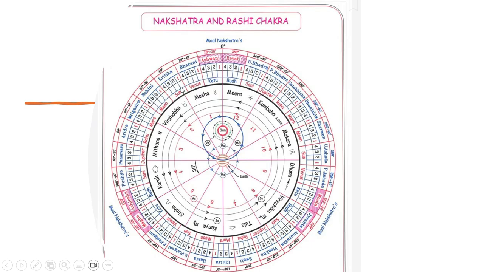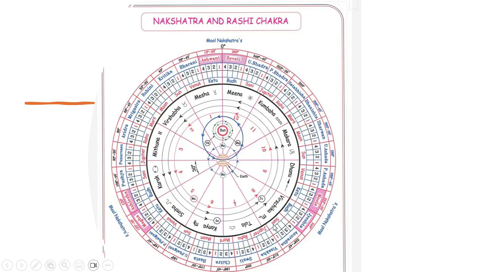Now Kritika, one part is there. So what they have done is they have divided every nakshatra into 4 equal parts, and each part is known as pada, nakshatra pada. So these 1 2 3 4 are nothing but nakshatra padas. First pada, second pada, third pada, fourth pada.